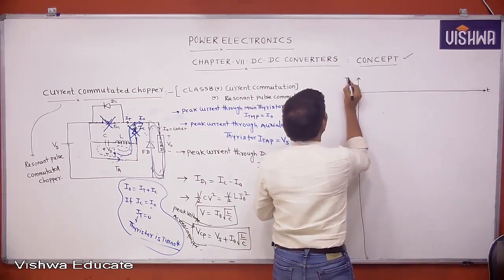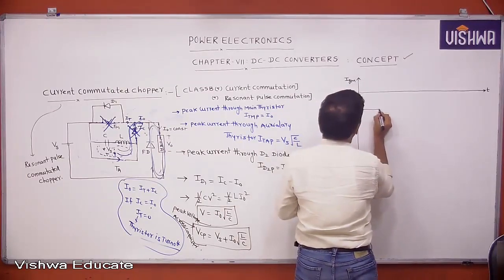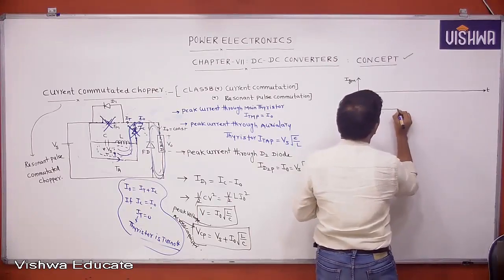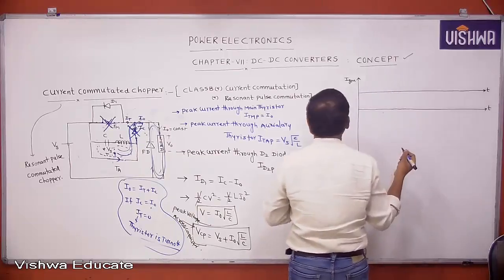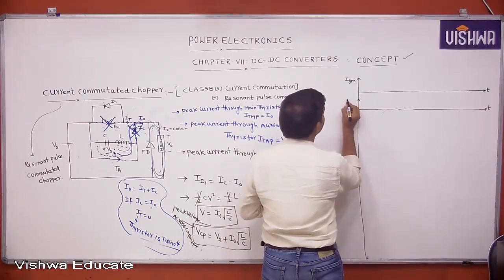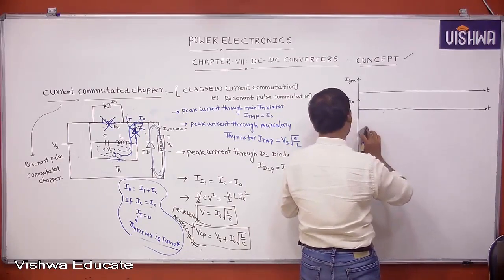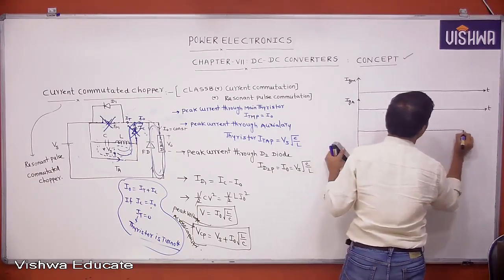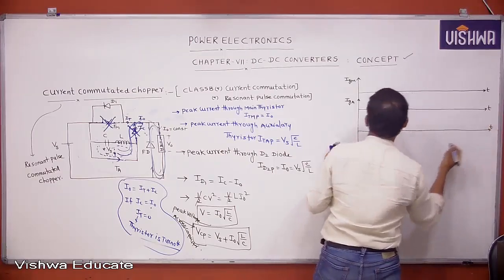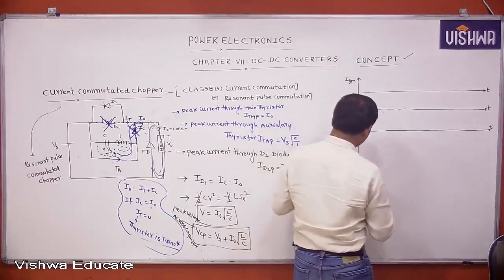This is the triggering pulse applied to the main thyristor. And this is the triggering pulse applied to the auxiliary thyristor. We are assuming that the load current I0 is constant.